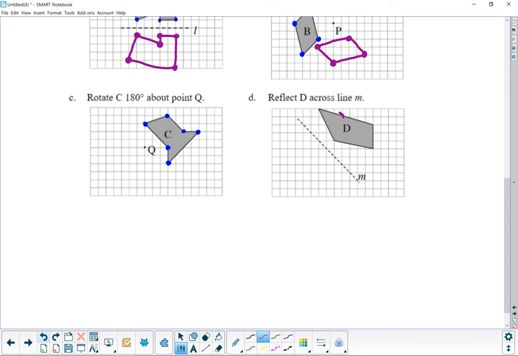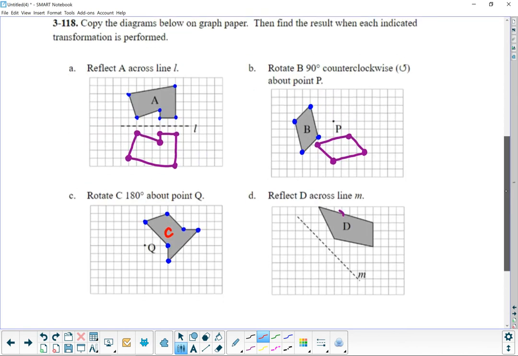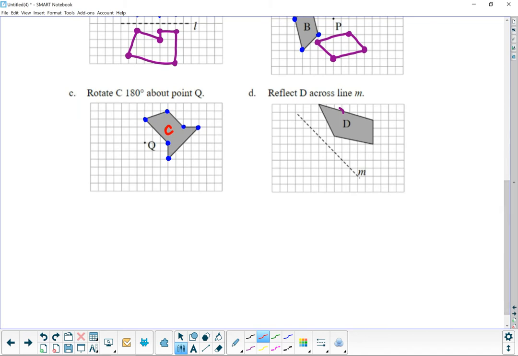Oh, actually, no. I was assuming that. It's image C. But the cool thing about 180 is it doesn't matter if it's clockwise or counterclockwise. It's the same exact direction. I mean, you end up in the same exact place. So, for example, this right here, instead of up 3 units, it's going to be going down 3 units. 1, 2, 3. And that's where we will end up at.